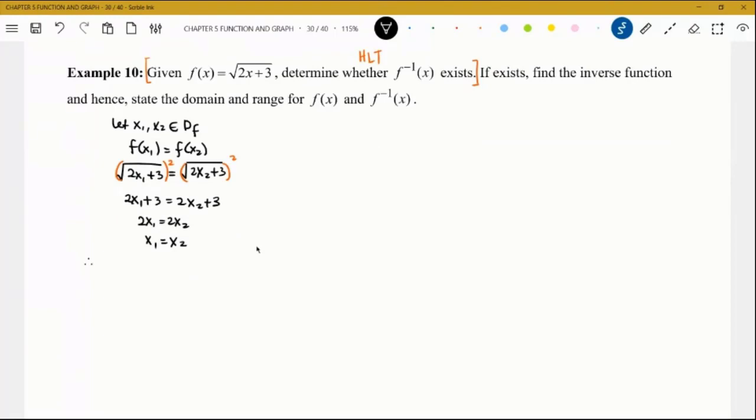Adakah ini one-to-one function? Ya, Miss. Okay, so since x1 equal to x2, so we have f(x) equal to square root 2x plus 3 is a one-to-one function.